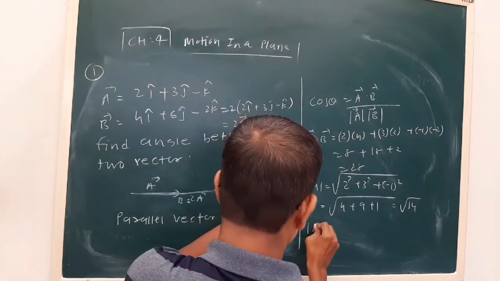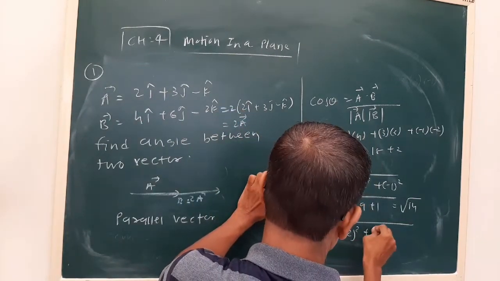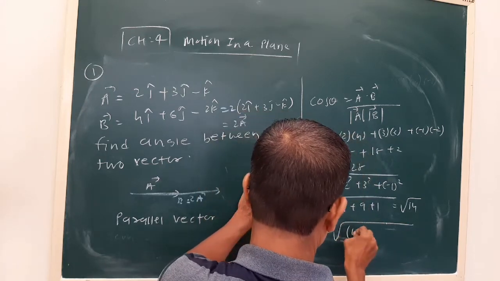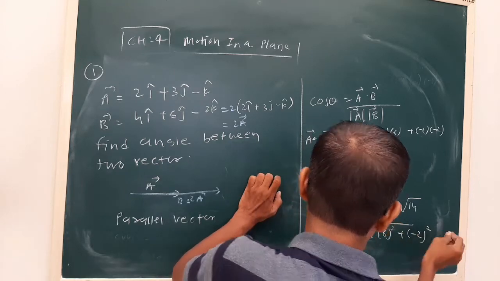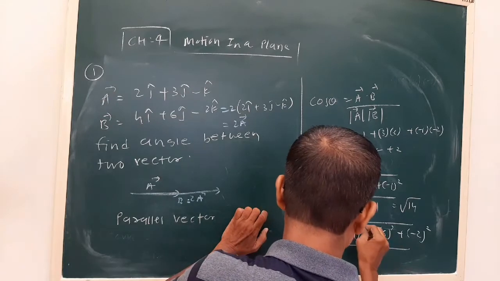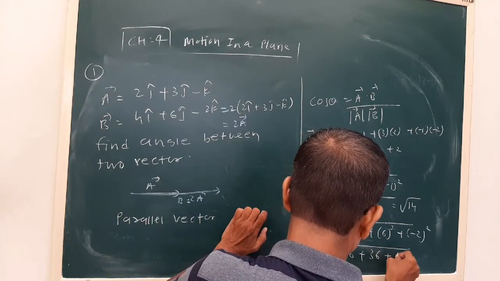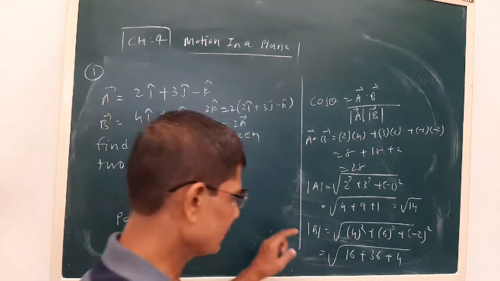Now the magnitude of B is 2 square plus 3 square plus 4 square... so this will be root 56.